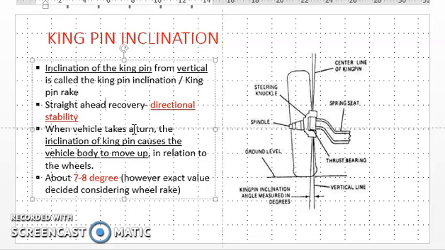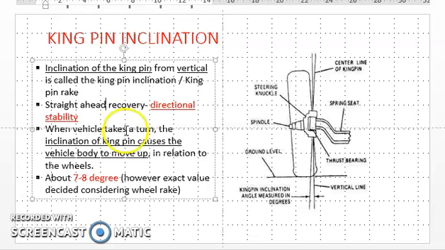This also helps the driver during steering, because due to this kingpin inclination, the wheel comes back to its original, straight position. After completion of the turn, it should return to straight, and this kingpin inclination helps. How?